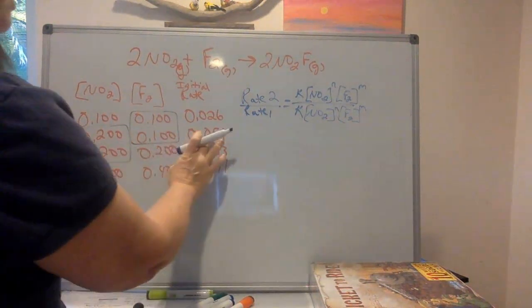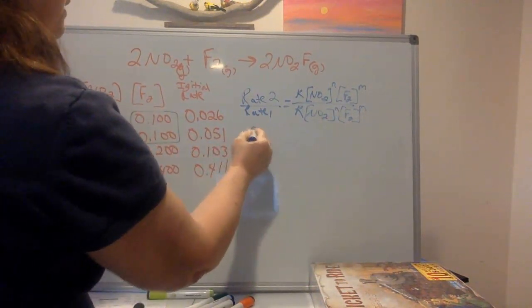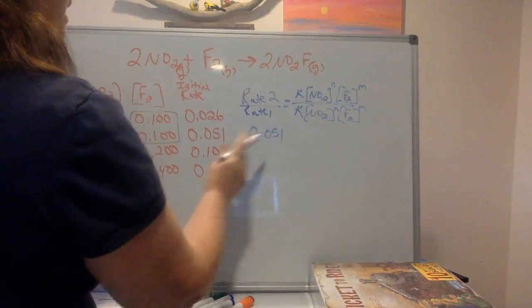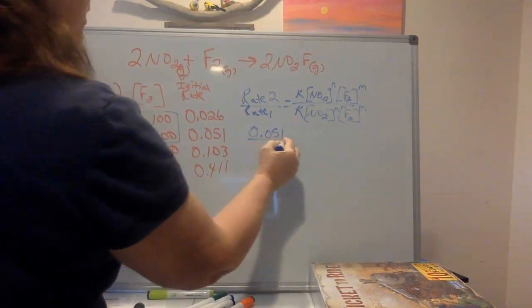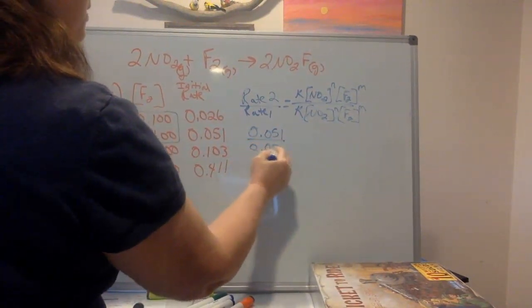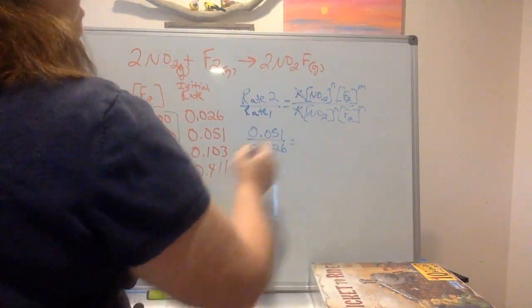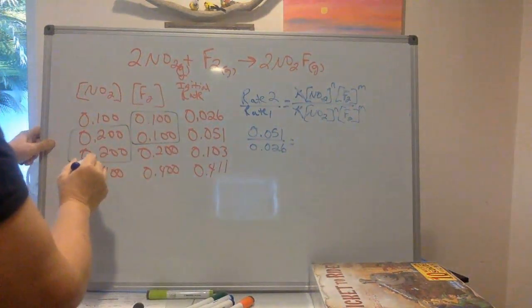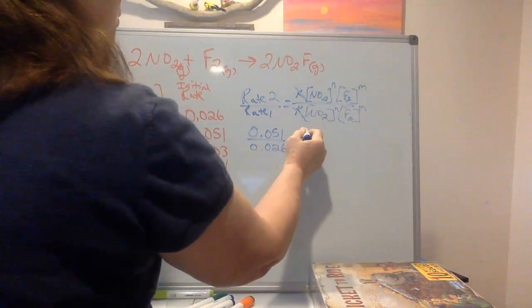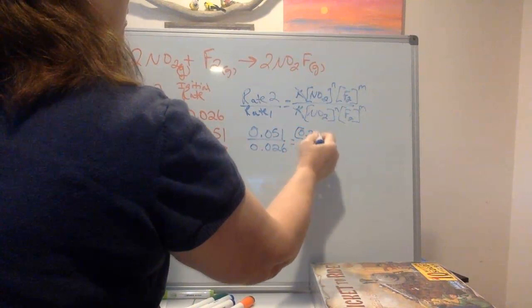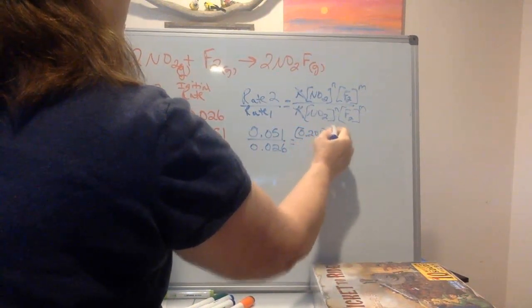My rate for 2 is 0.051. My rate for 1 is 0.026. K's cancel. My concentration for NO2 is (0.2) to the n.